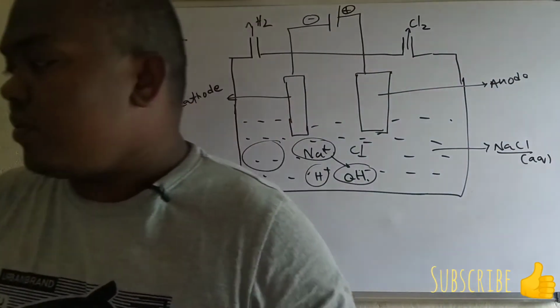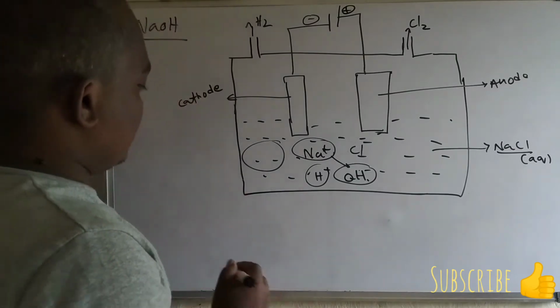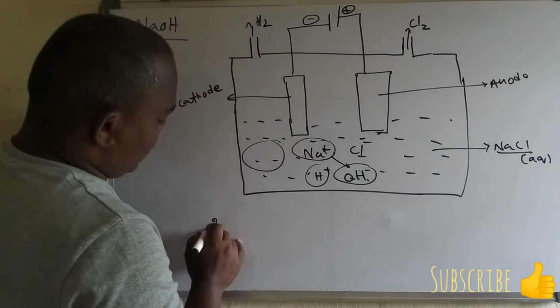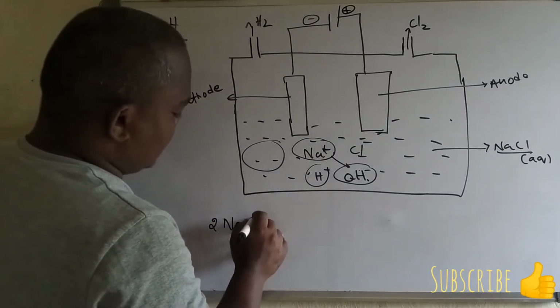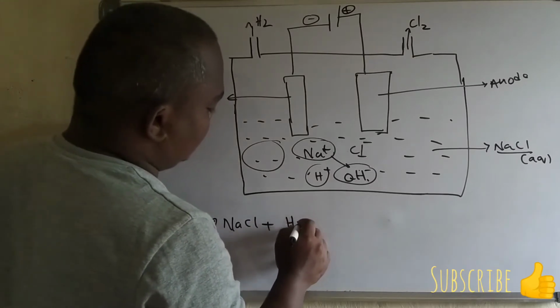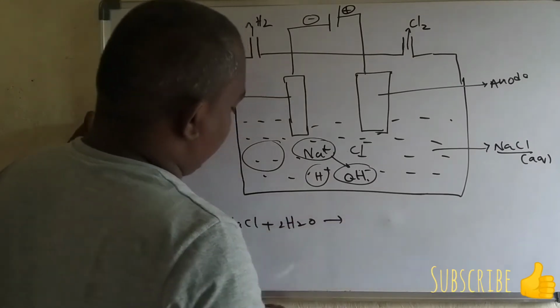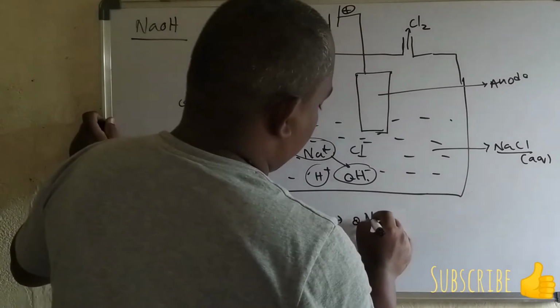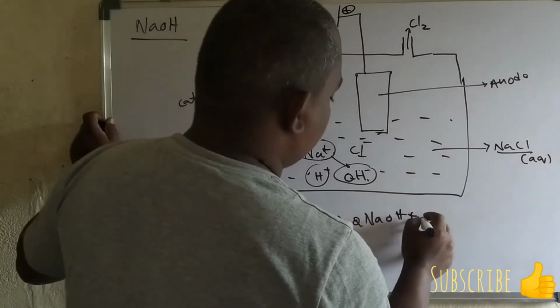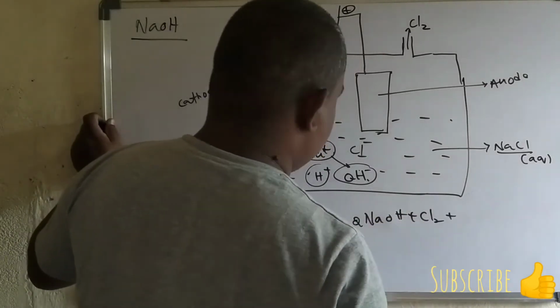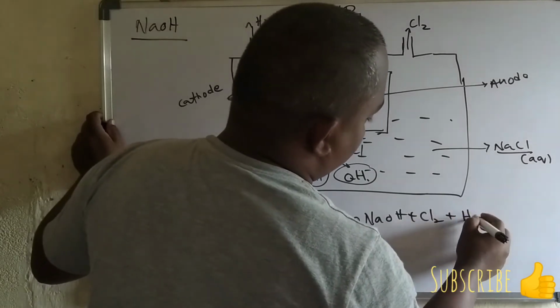So 2NaCl plus water gives 2NaOH plus Cl2 plus H2 gas.